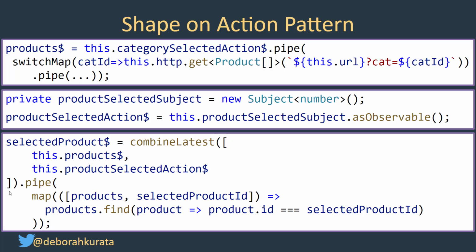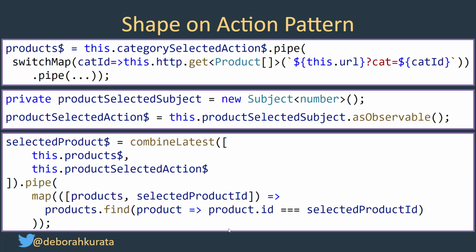What they emit then is an array where the first element is the emitted value from the first stream. The second element is the emitted value from the second stream, and so on, however many streams that you define. That gives us access to our actual list of products and the actual product ID, so we could use it to find the one that we're looking for.